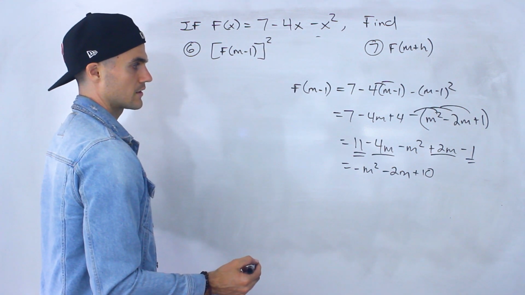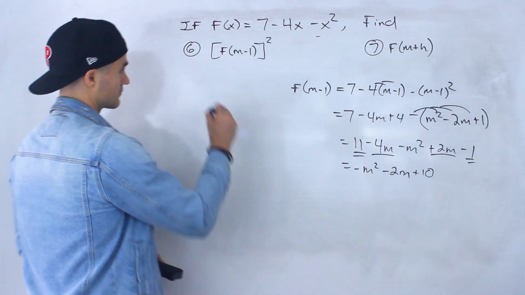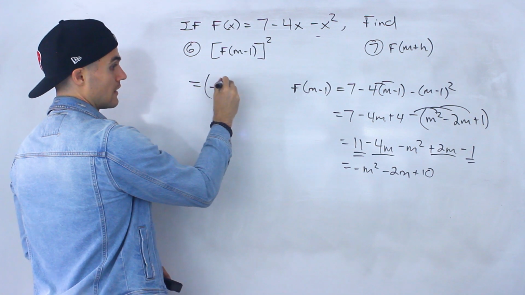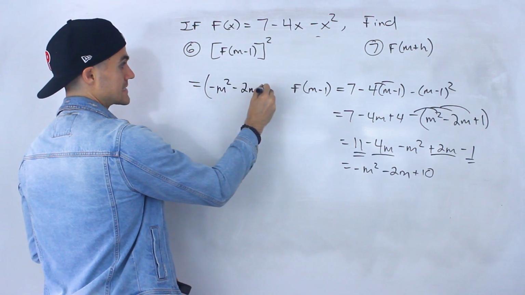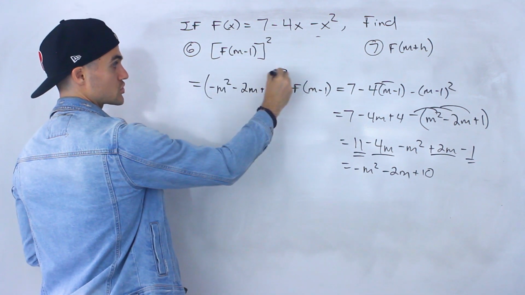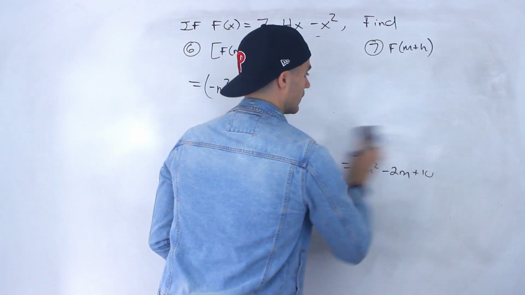It's all good here. So that ends up being f of m minus 1. But then we have to square that. So basically we'll have negative m squared minus 2m plus 10. That's what f of m minus 1 is, and then we're squaring that. So even more algebra.